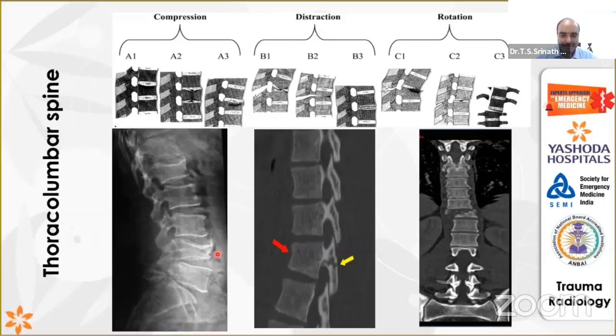But sometimes you may miss a minimal pneumothorax or minimal hemothorax. For that sake, you have to take a chest X-ray so that you're not missing the diagnosis. Recently there was a debate in my department itself, whether this patient has a pneumothorax or not. The chest X-ray was showing a minimal pneumothorax.